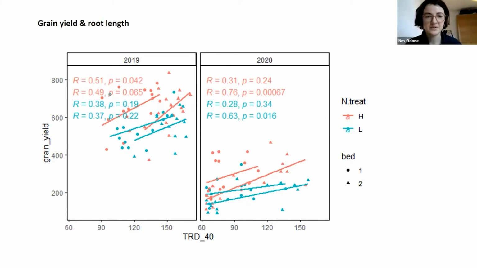But we can see in all of these cases that we have a positive relationship between grain yield and roots, which means that the more roots there are in the deep soil, the higher the grain yields are generally. And there does seem to be a stronger relationship here for the high nitrogen treatment than the low nitrogen treatment.